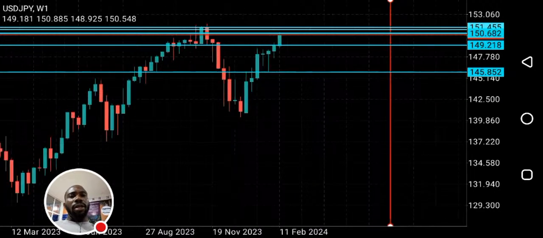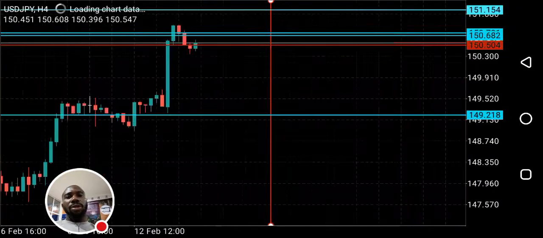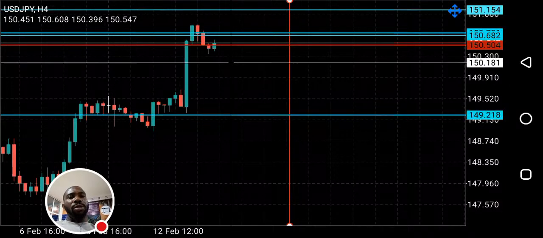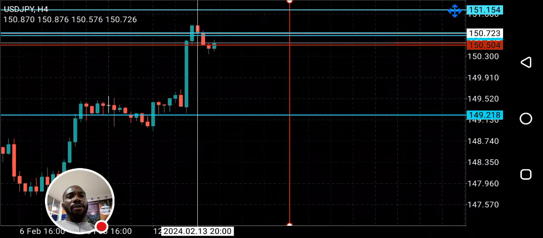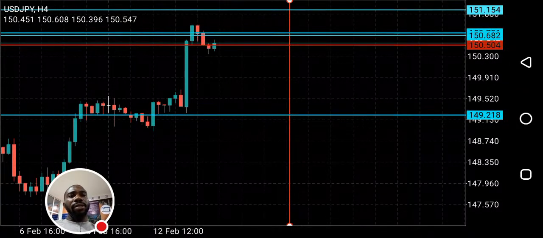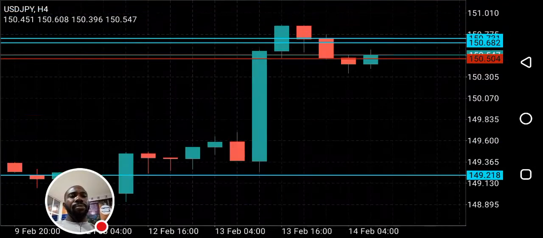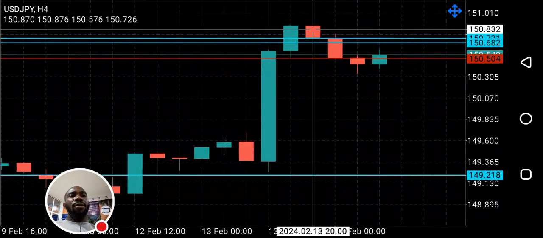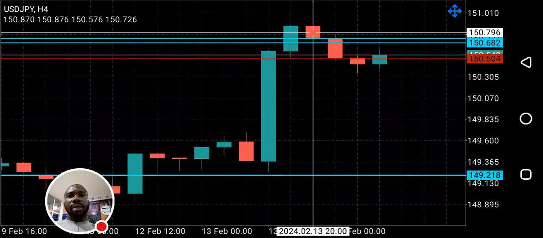I hope that is clear. And my stop loss, please always apply stop loss. My stop loss should be a few pips, let's say 10 pips above the high of this hanging man. I hope that is clear.